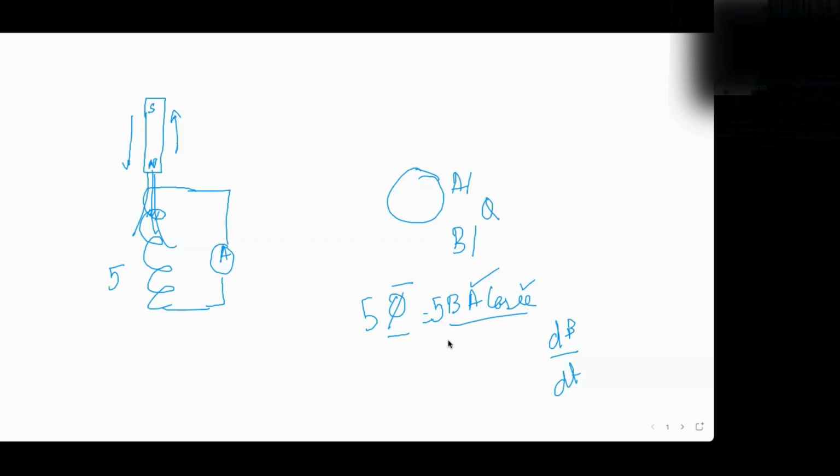Here, dB by dt is the cause why the magnetic flux is changing, right? How can I make the rate of change of magnetic flux more?